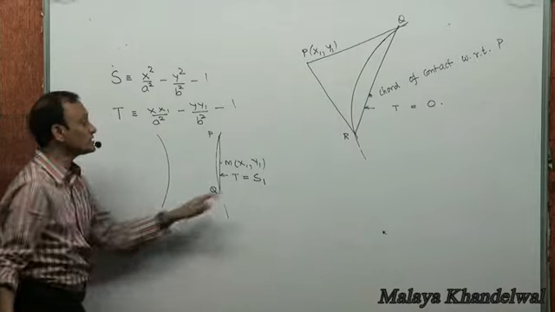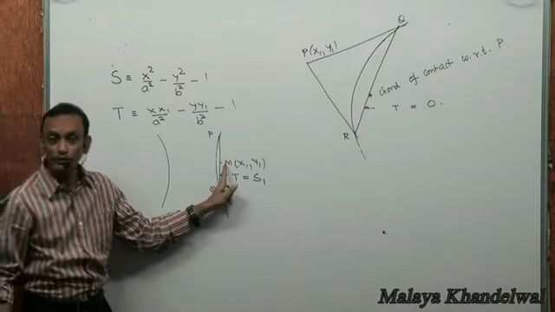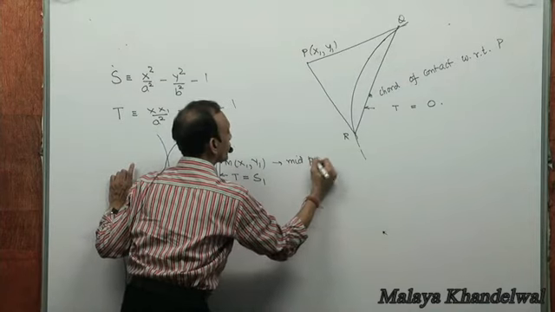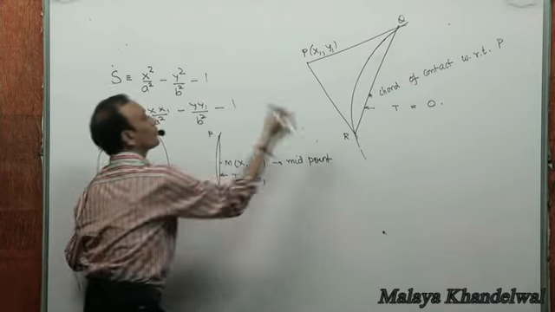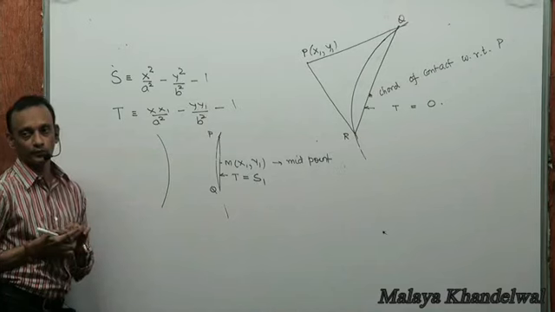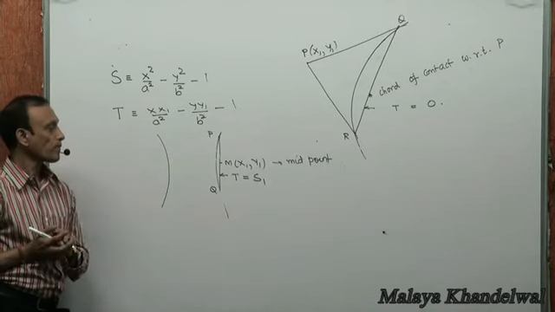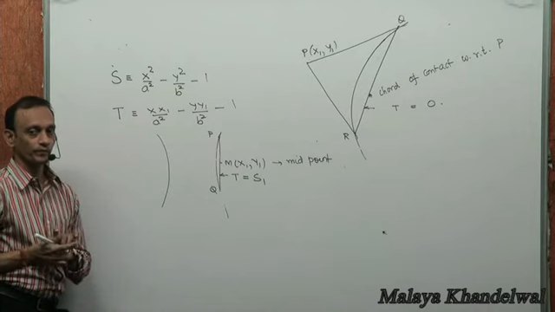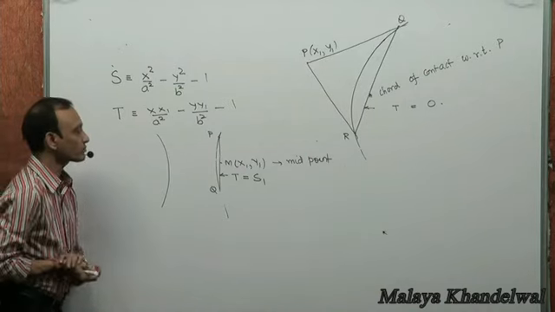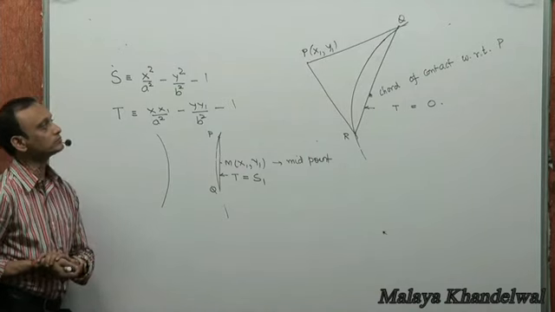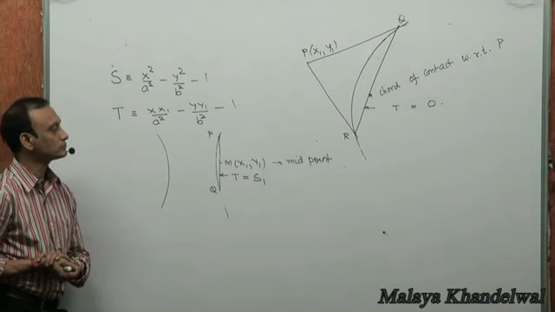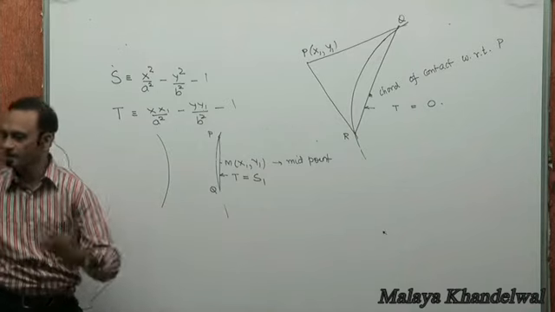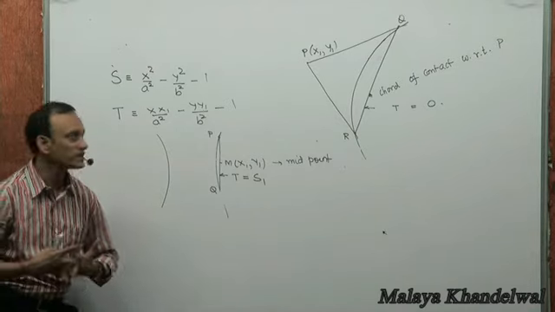T equal to S1 is the equation of the chord in terms of the midpoint. So this is just the way it has always been.